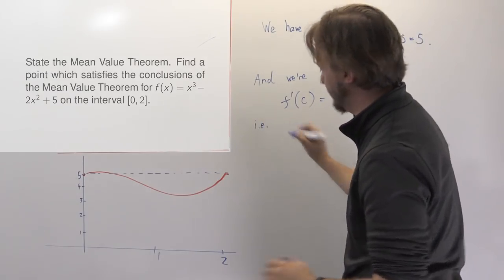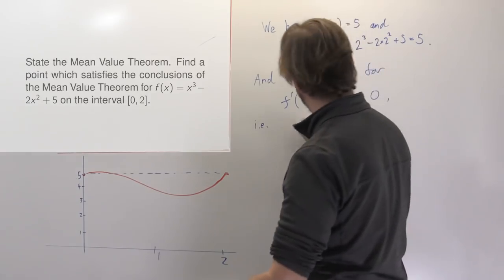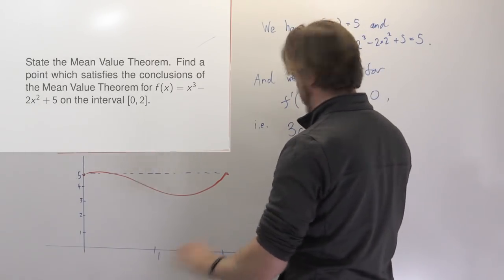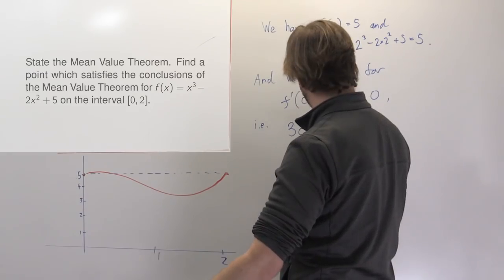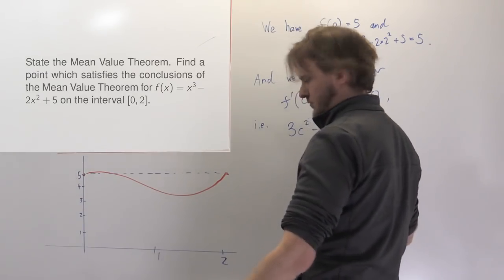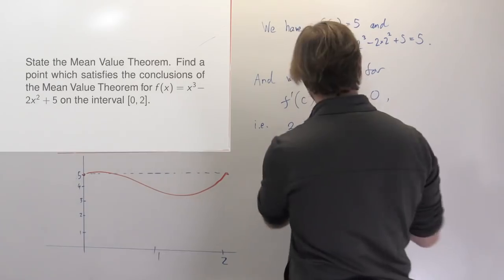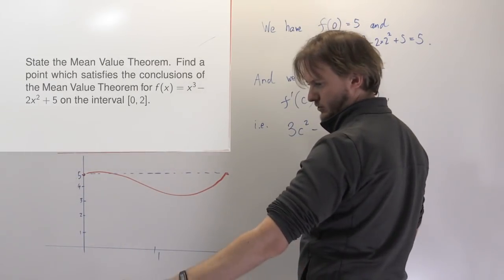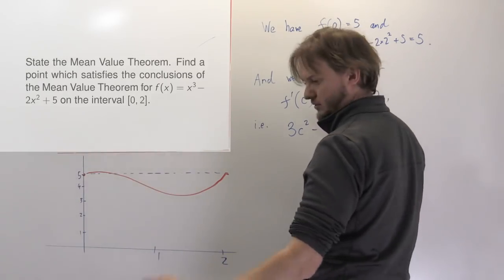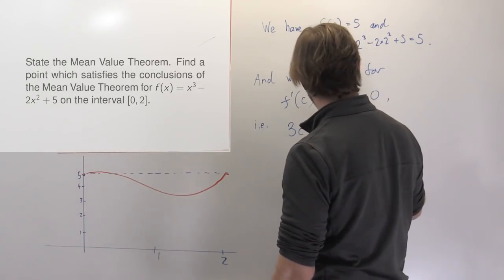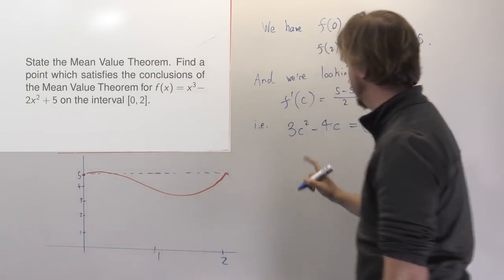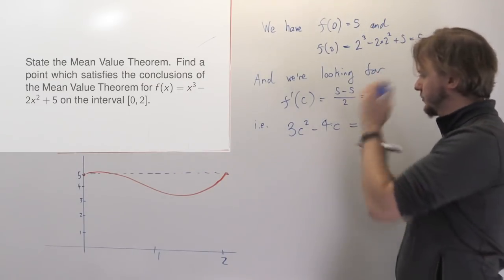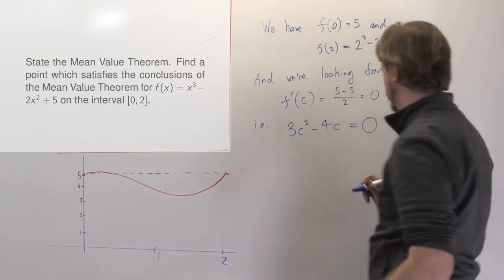And in terms of this function, that derivative is going to be, sorry, not x, c. If you take the derivative, you will get this quadratic, and I've plugged in c. So I'm looking for points where this is equal to 0.